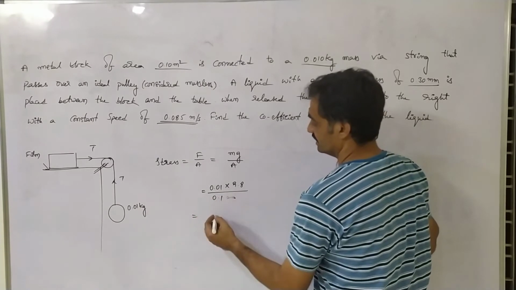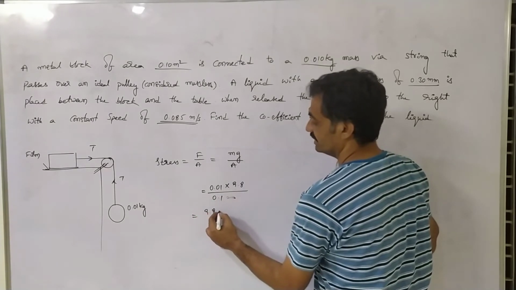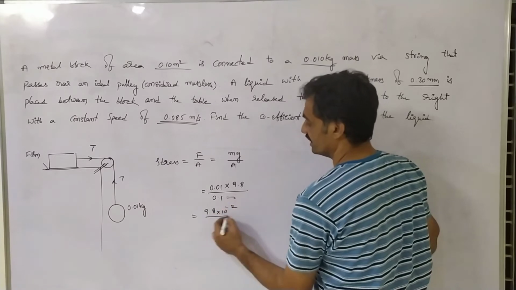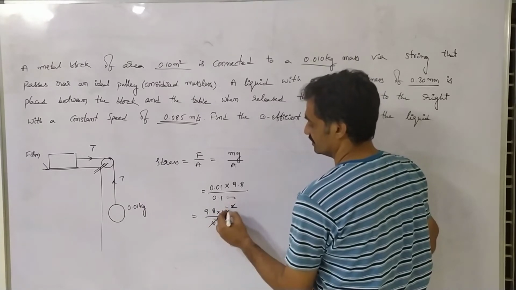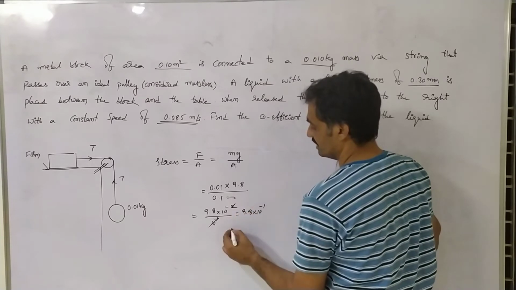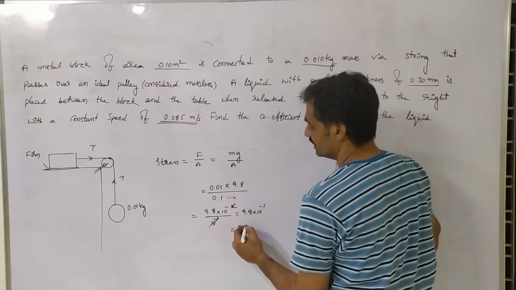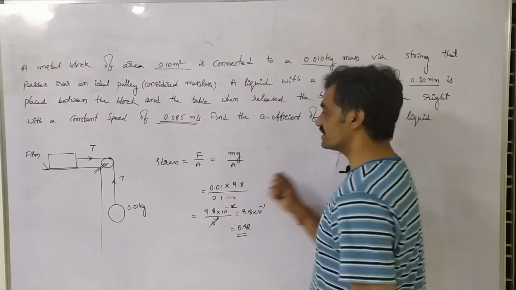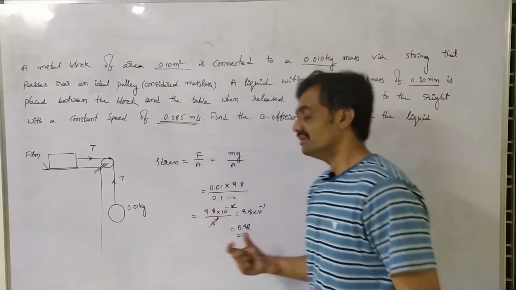So 9.8 into 10 to the power of minus 2 by 10 to the power of minus 1, then we get 9.8 into 10 to the power of minus 1, that is 0.98. This represents the stress, Newton per meter square.